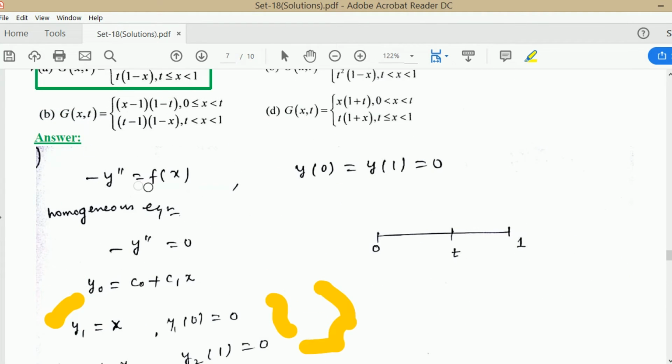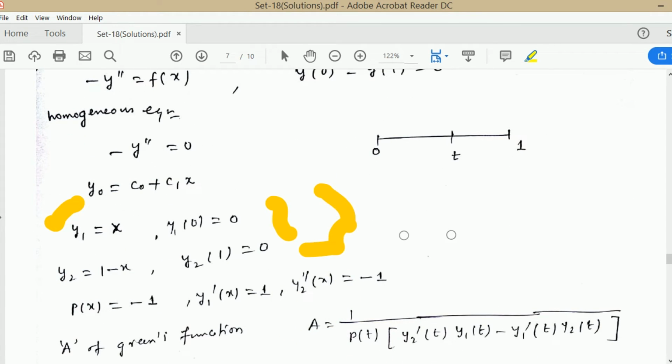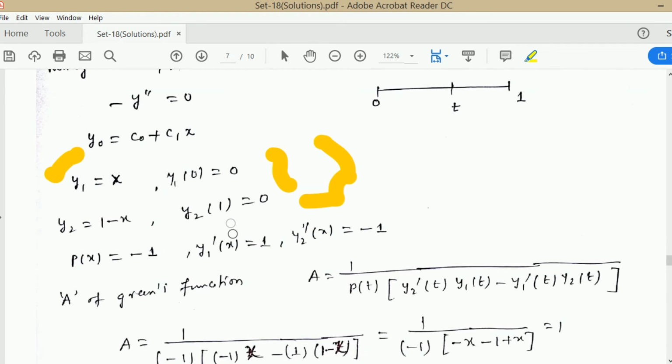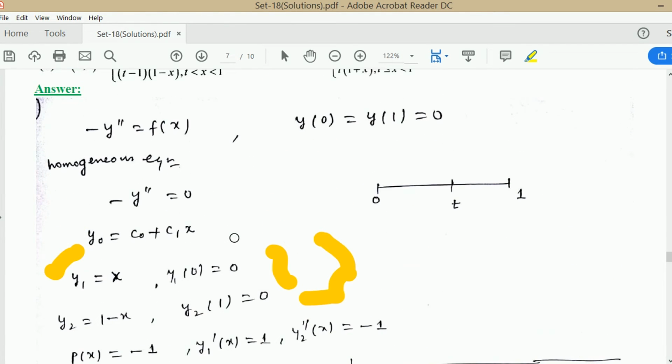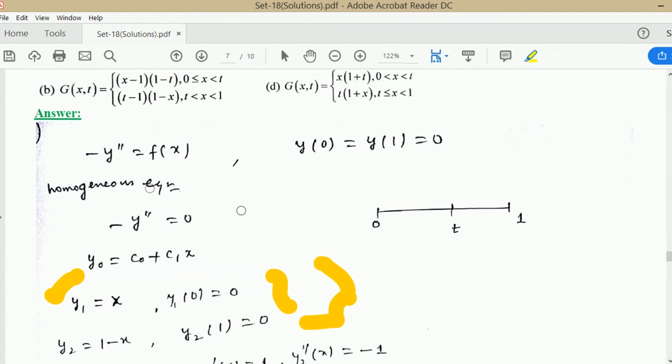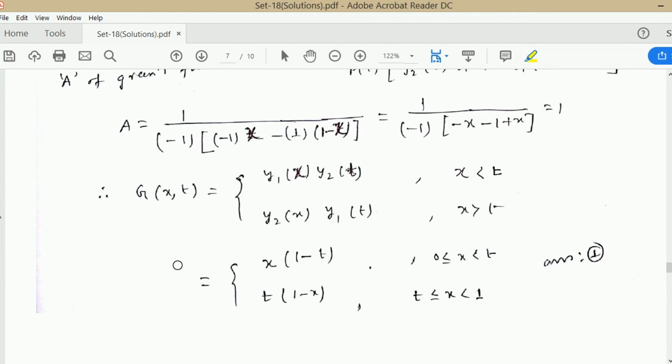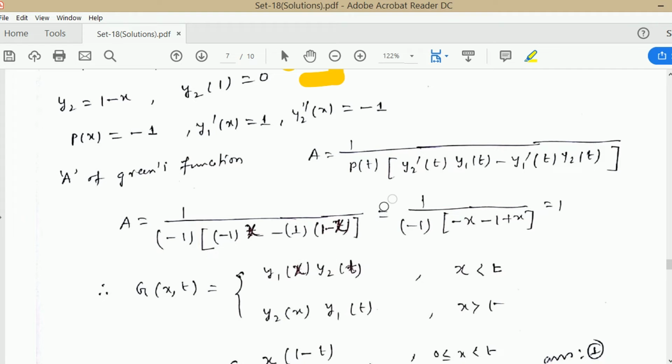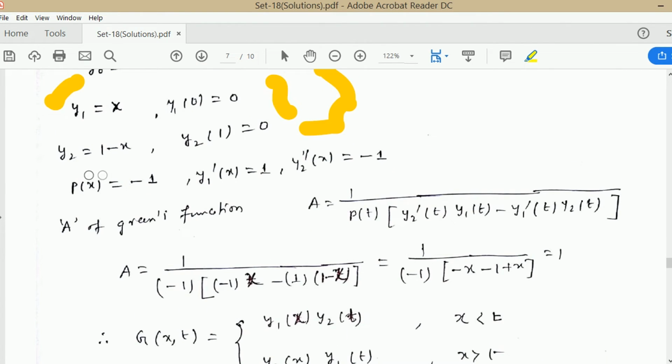Here p of t is the coefficient of y double prime, which is minus 1, so p of t is minus 1. y2 is 1 minus x, so y2 prime equals minus 1.